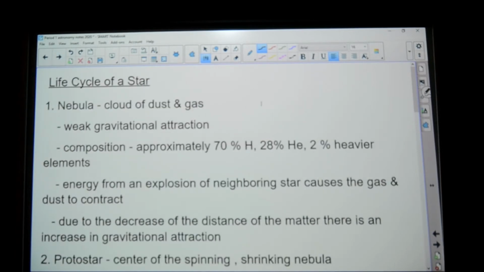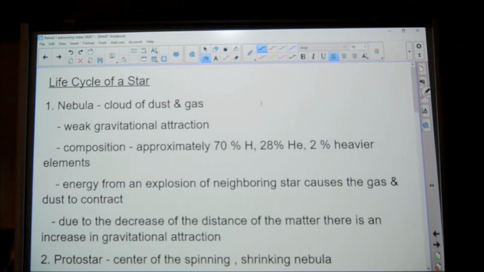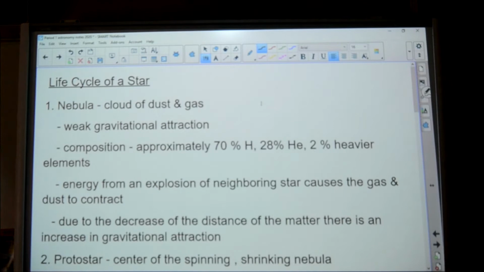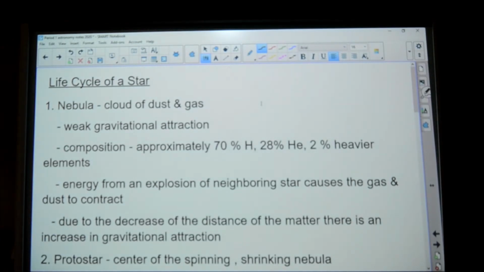Since I just brought up the life cycle of a star, parts of it are on your reference table. So the first part a star goes through is a nebula. It's your gas stage. There's not a lot of gravitational attraction between those particles. Composition-wise, 70% hydrogen, 28% helium, and 2% heavier elements.